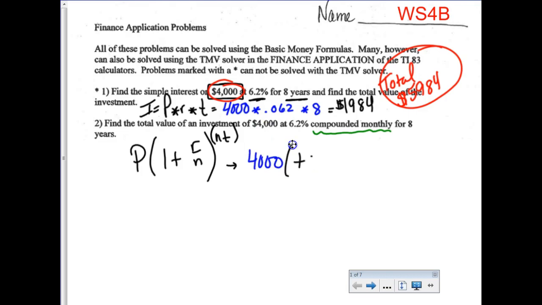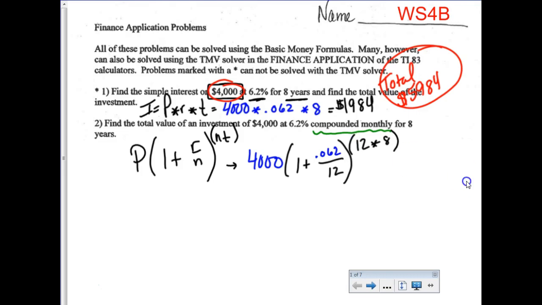And then 1 plus 0.062, but it's compounded monthly, so you'd have to divide that by 12. And then up in the exponent, that 12 shows up again, and you're going to multiply it by the 8 years.